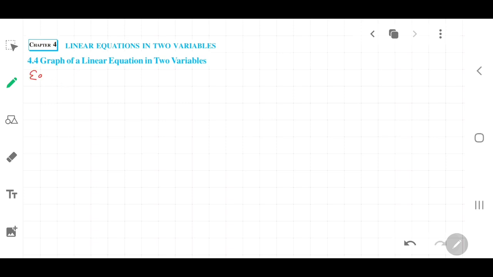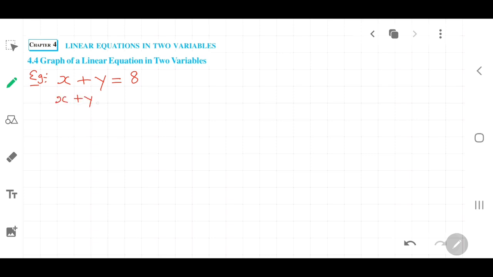so we can take one example: x plus y equal to 8. So x and y are the two variables that are given to you. From here you have to find different values of x and y.